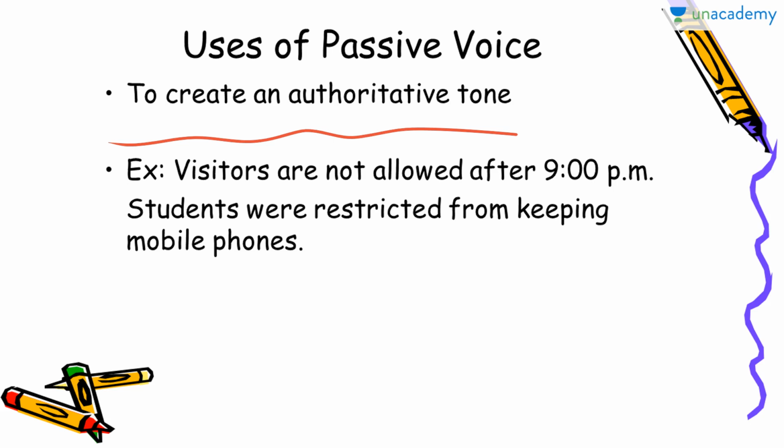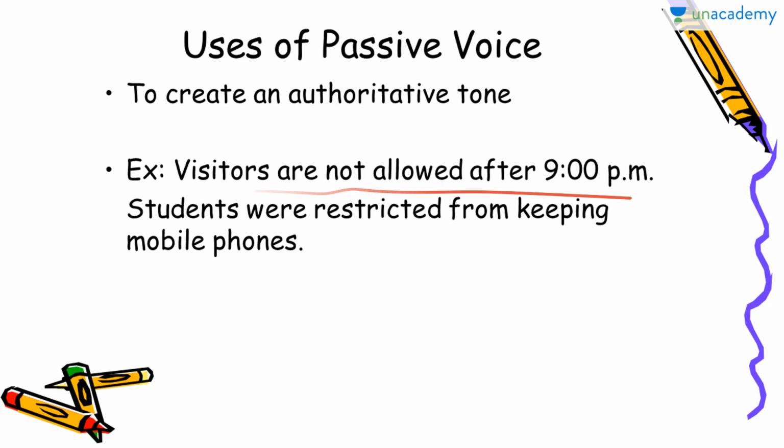For example, visitors are not allowed after 9 p.m. Now, who has told this? We don't have to think about that. What we need to focus on is the instruction. Before 9 p.m. you need to visit someone.